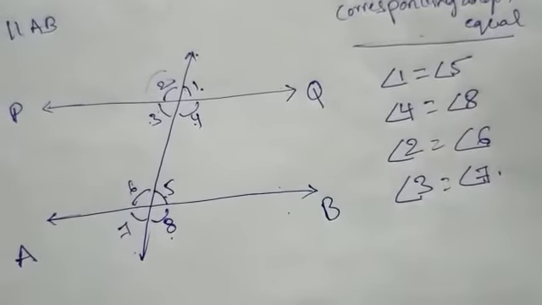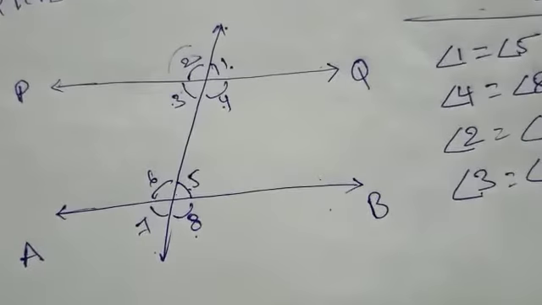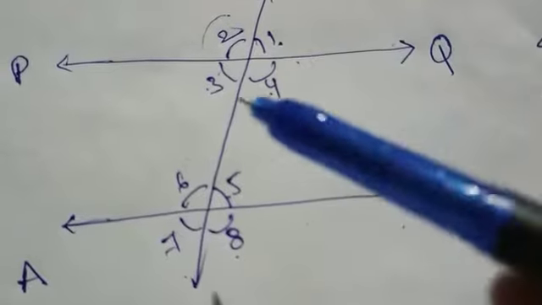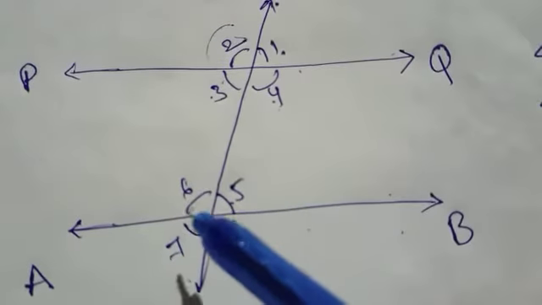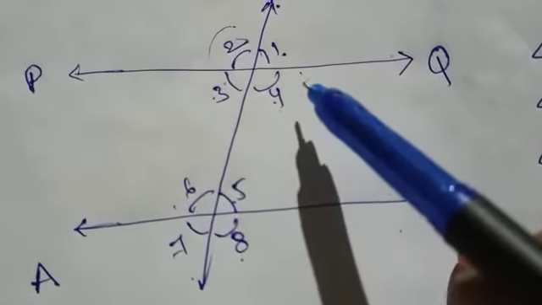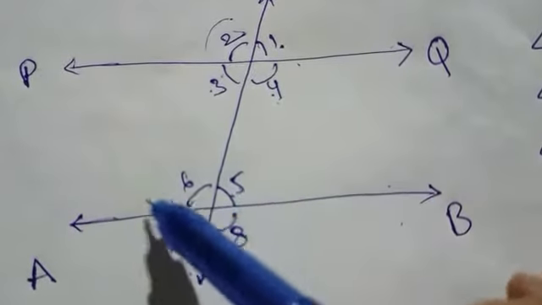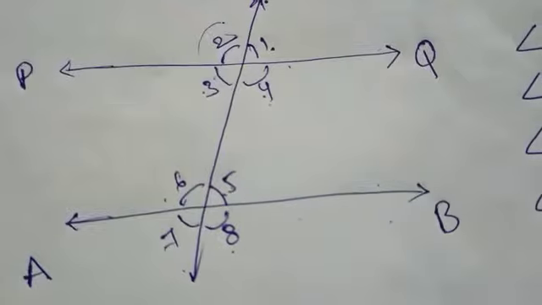Next, here in between these two lines we have 3, 4, 5, 6. These angles are called interior angles.